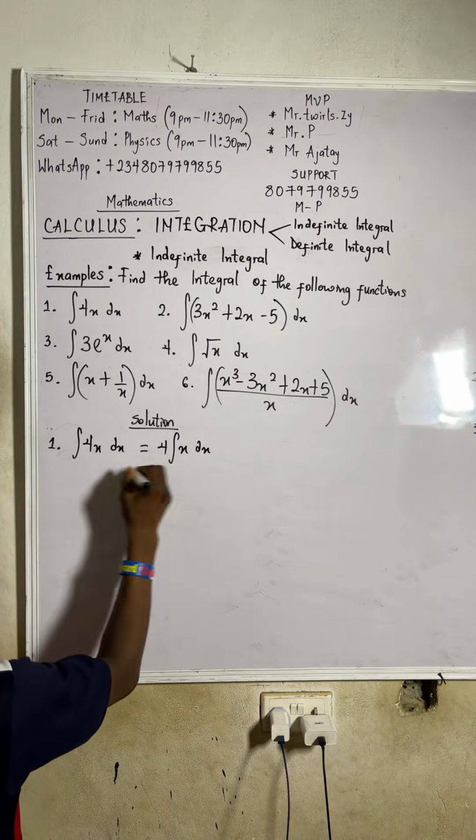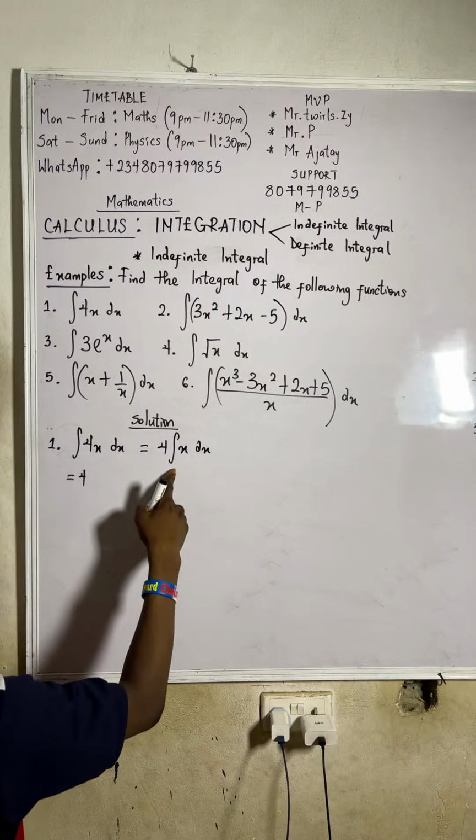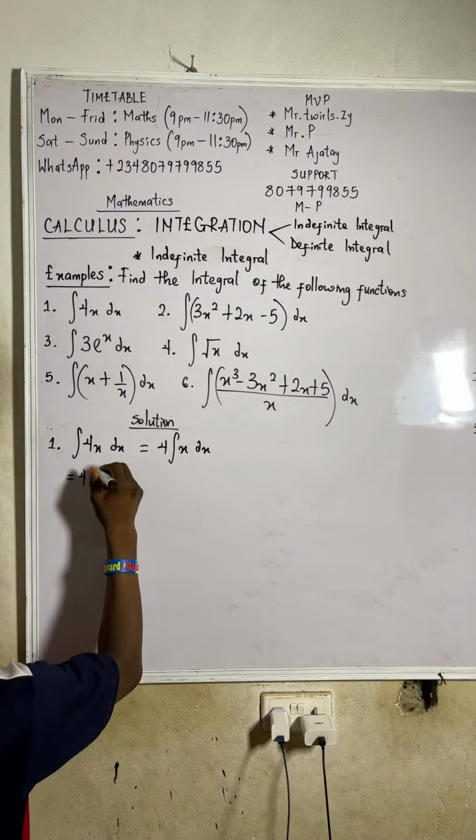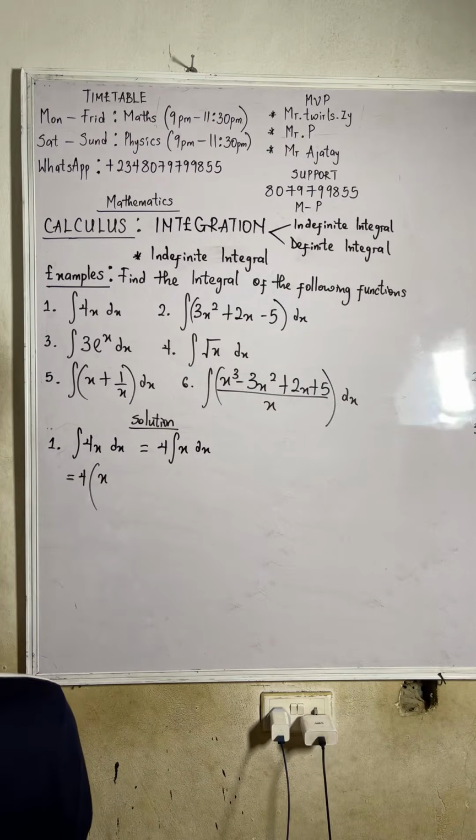So what are we going to have? We are going to have 4. When I want to start integrating, I don't use the integral sign again, I use the bracket sign. What is the power on the x? It's 1, right?